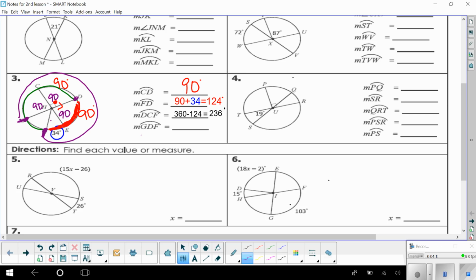And then we have our 34 here. So 180 plus 90 plus 34 equals 304.